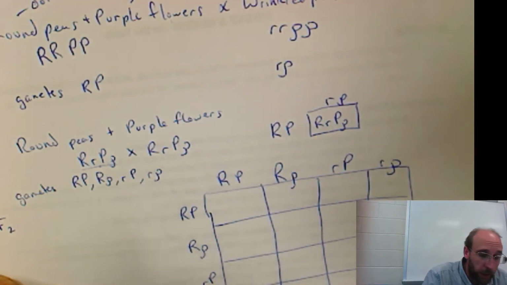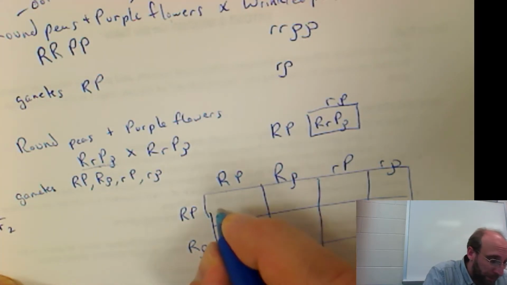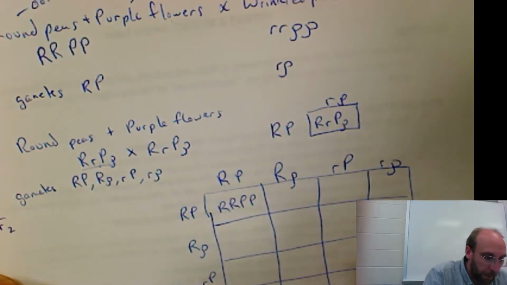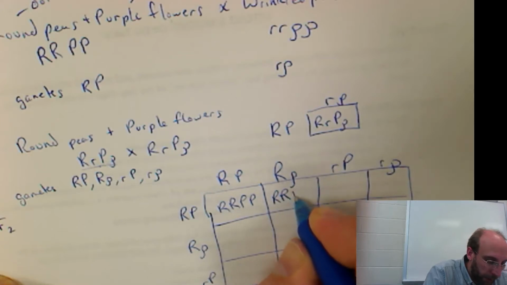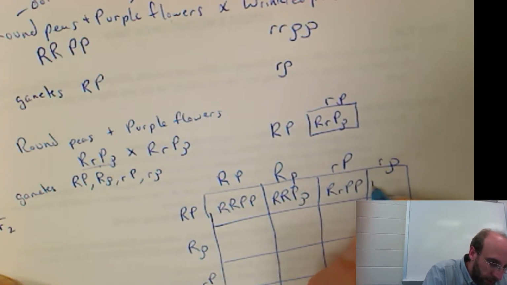And then the zygote is going to have two alleles for each gene. So this is big R, big R, big P, big P. Okay, big R, capital P, little p. And I'm going to go through and do the rest very quickly.